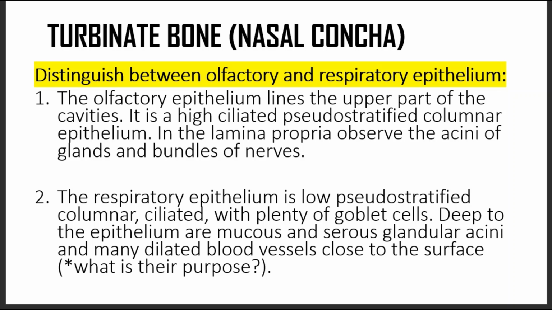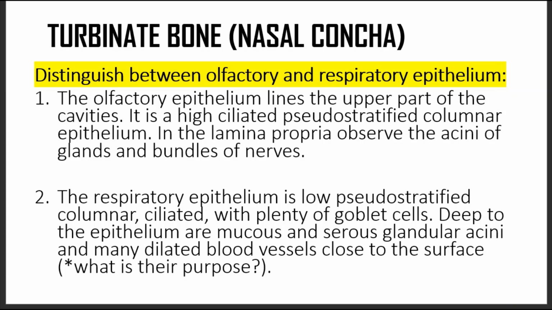Now we're going to distinguish between the olfactory epithelia and the respiratory epithelia. We've already alluded that the olfactory epithelia is found in the superior nasal concha, so it lines the superior nasal concha. The middle and the inferior nasal concha are lined by what we call respiratory epithelia.